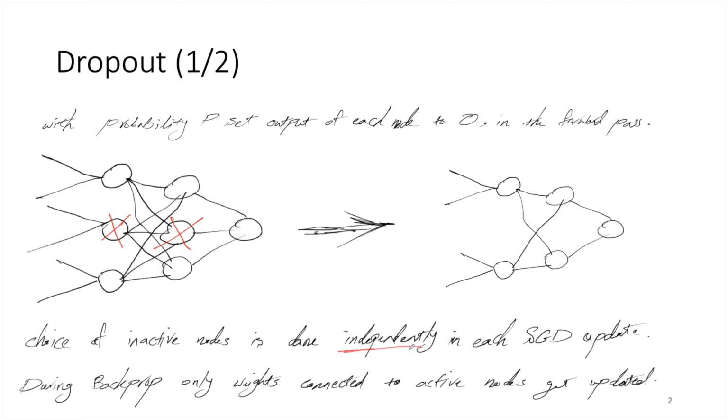Thus, during backprop, when you're using that loss function to go back and update the weights using your backprop algorithm, only the weights connected to active nodes are going to get updated. So it's as if we've dropped out randomly some of the nodes outside the model.